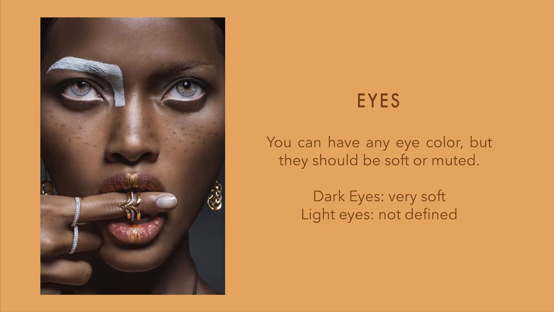Eye color. They can have any eye color, but again, just like with their hair, it will be soft or muted. If you have darker eyes, they will usually look slate because they lack brightness and definition. They can be black or dark brown, but the rest of the features will look slightly faded. If you have light eyes, they won't have an extremely defined limbal ring.